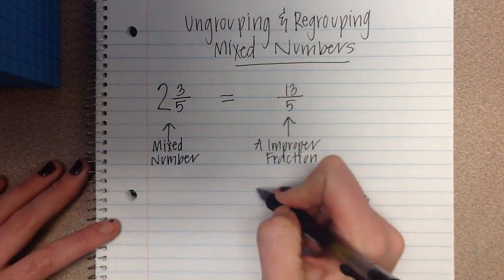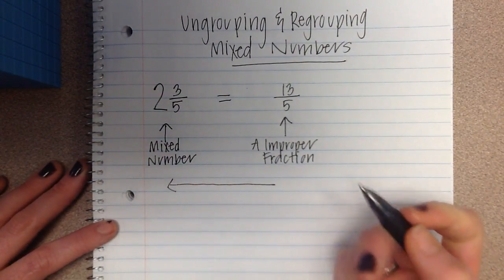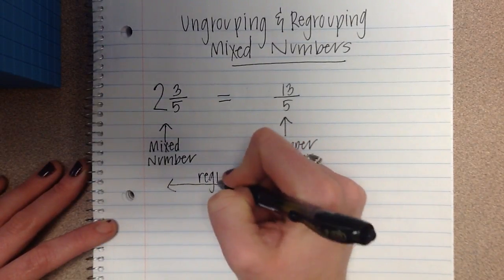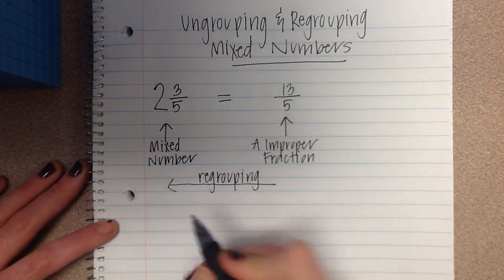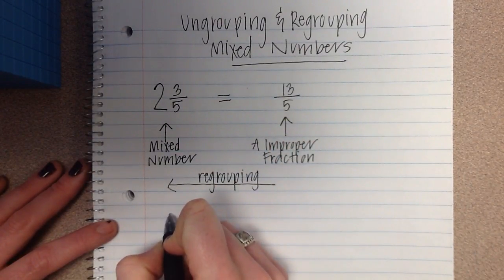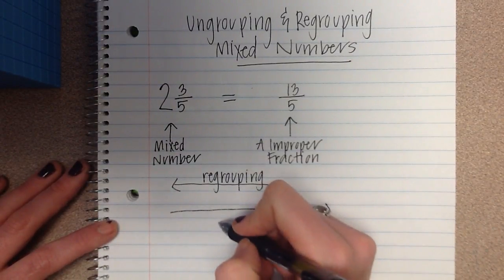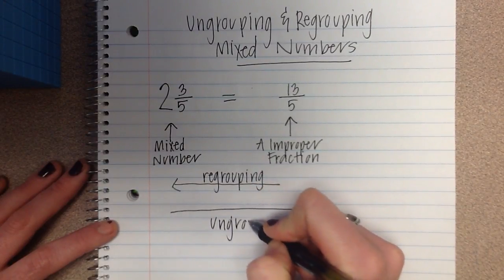When we go from a mixed number to an improper fraction, we're ungrouping.